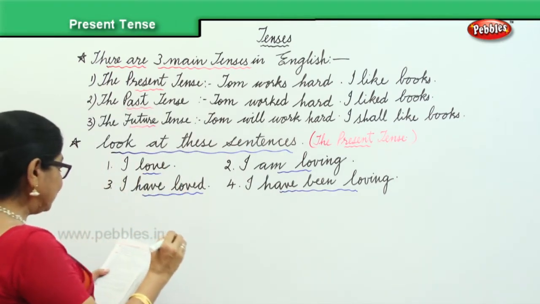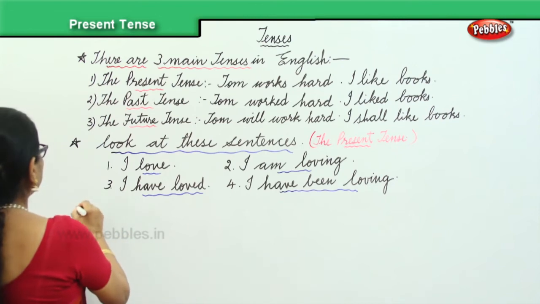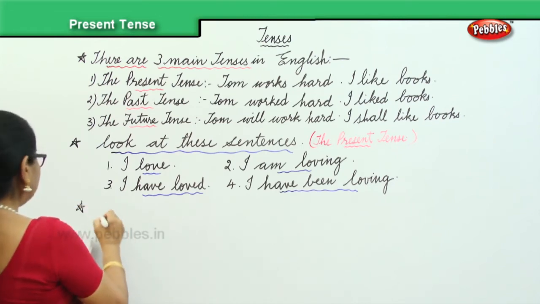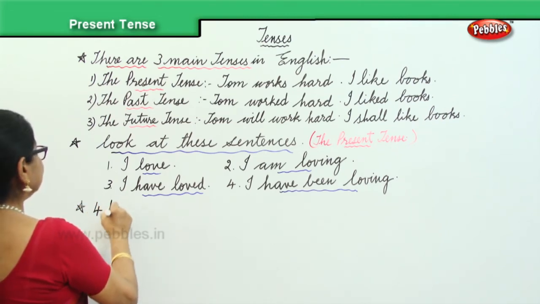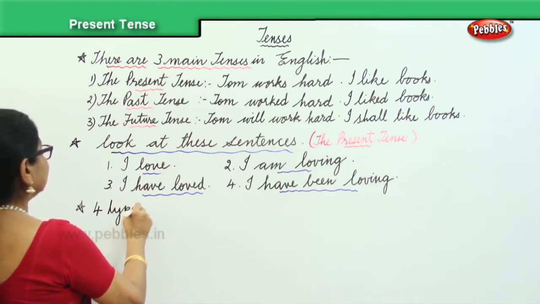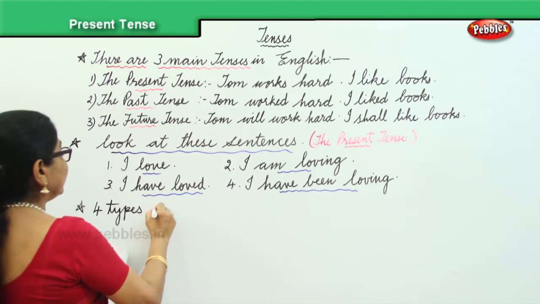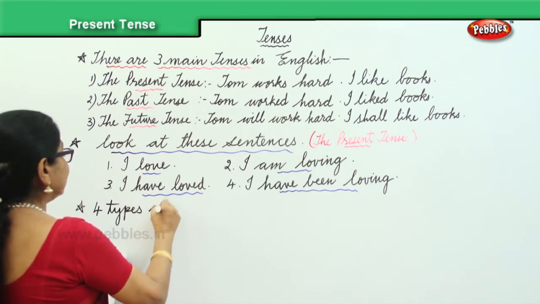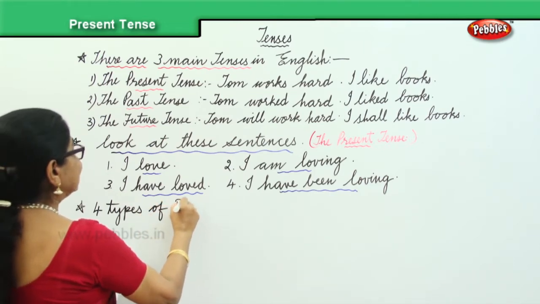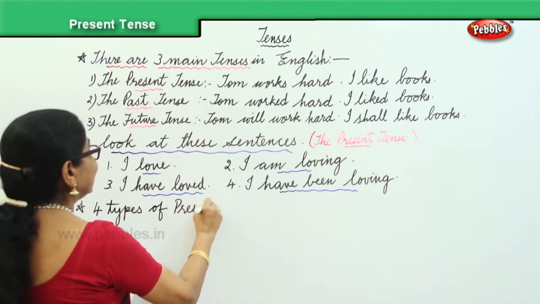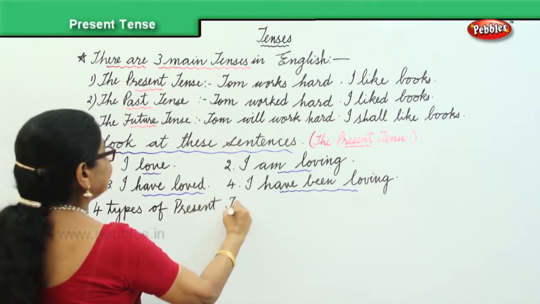What are the 4 types? Let us look at it. The 4 types of tenses in the present tense.